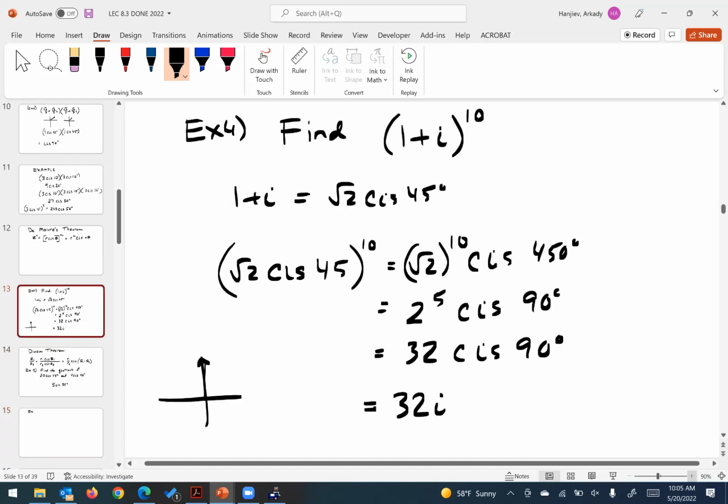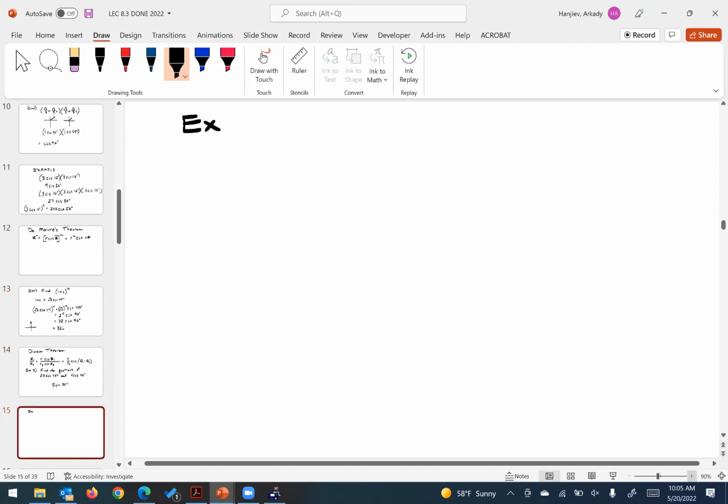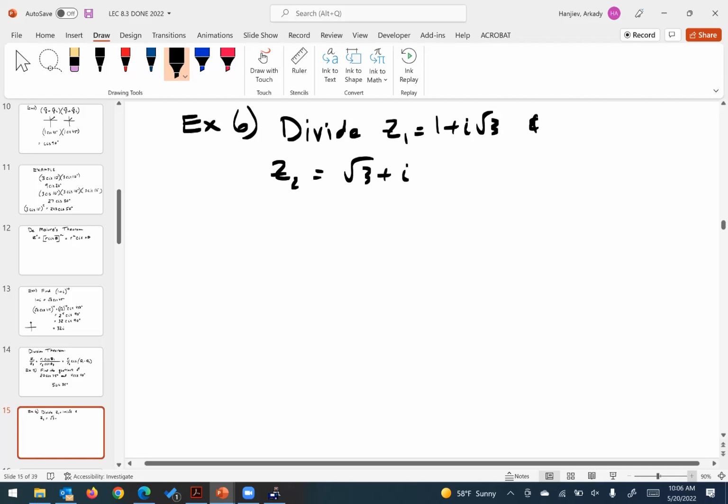So in this case, can you divide Z1, which is 1 plus I root 3, by Z2, root 3 plus I?